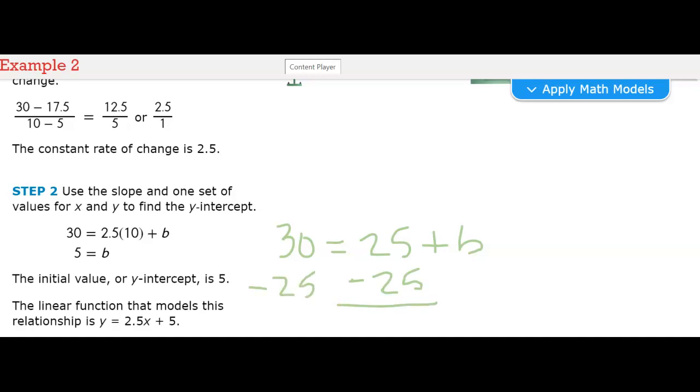Those cancel out, and we're left with b, and 30 minus 25 is 5. So that is how they got 5 is equal to b. So the y-intercept is 5. So the linear function that models this relationship is y is equal to 2 5/10 times x plus 5.